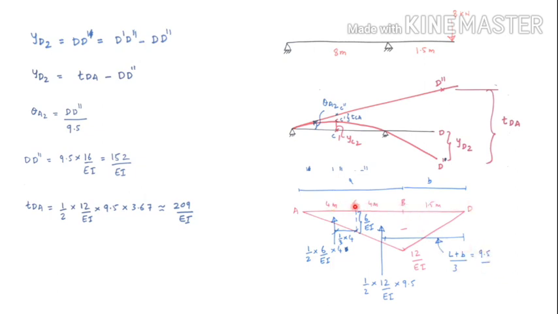L means the length of the beam, 9.5, plus B, this B 1.5, divided by 3. So when you solve this, the perpendicular distance is 3.67. So TDA equals 209 divided by EI. So when you substitute here, you will get YD2 equal to minus 57 by EI, because it's downward, that is why I have written minus.